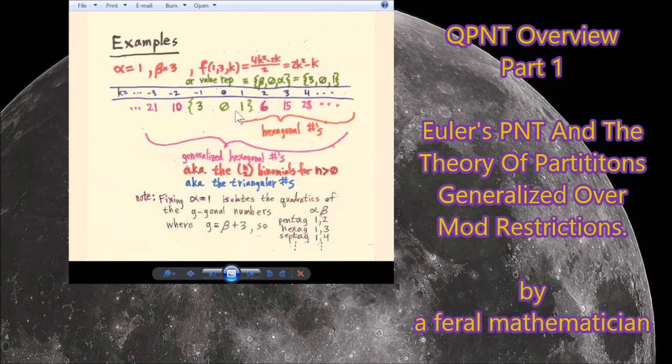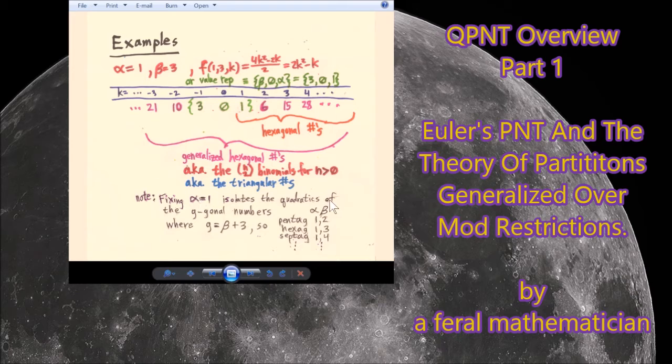In this case, it gives us the hexagonal numbers on the positive side, and we could call the negative side the generalized hexagonal numbers, but altogether these numbers are the n choose 2 binomials for n greater than 0, and they also are known as the triangular numbers. And such is the case whenever alpha equals 1.